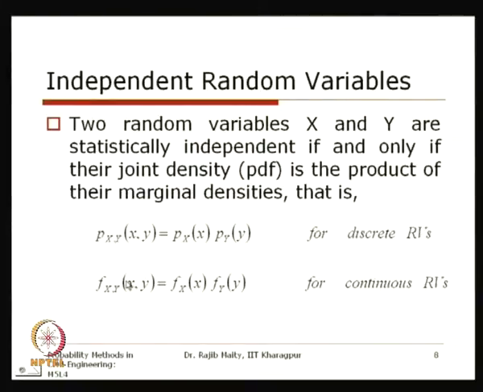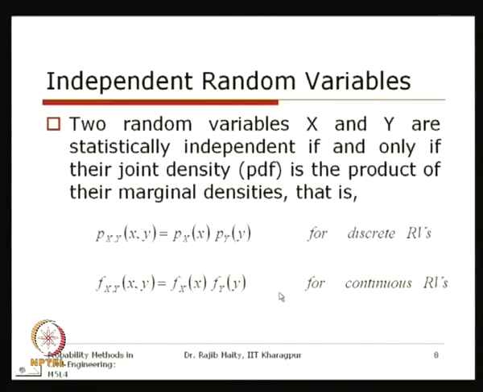Now, we will discuss another important concept called independence, in the light of this conditional distribution. First of all, how can we decide mathematically whether two random variables are independent or not? There are two straightforward expressions, one for discrete and the other for continuous.